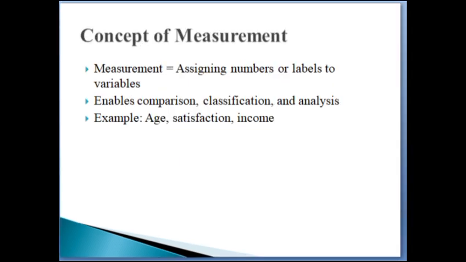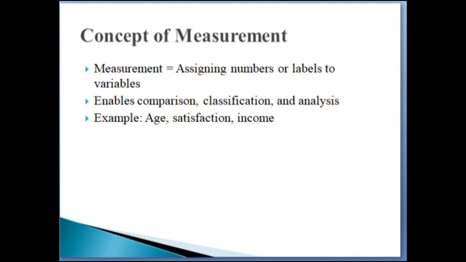Concept of measurement. Measurement is essentially the process of assigning numbers or labels to variables according to predefined rules. It allows us to classify, compare, and analyze data systematically. For example, if we want to study workplace satisfaction, we can assign numerical values to responses like very dissatisfied equals 1, dissatisfied equals 2, and up to very satisfied equals 5.